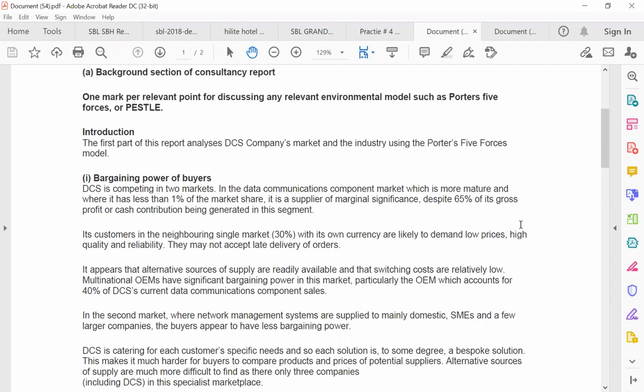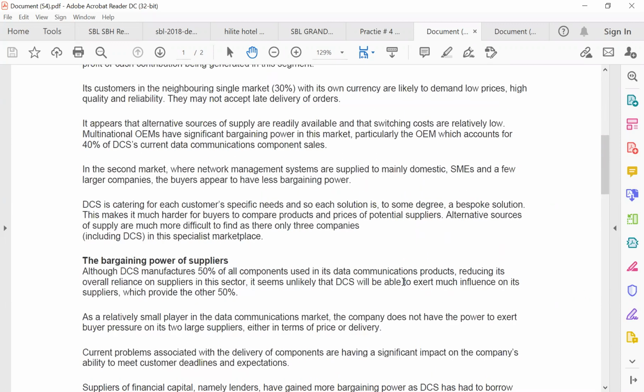Its customers in the neighboring single market, 30% of its own currencies, are likely to demand low price, high quality, and reliability. They may not accept late deliveries or late orders. Basically, I forgot to write headings.